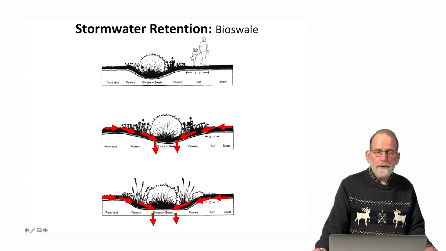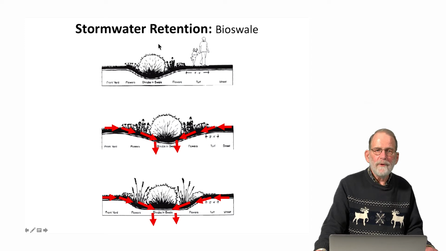But the plant material helps to slow down the velocity of water, and it helps to evapotranspire moisture from the ground back into the atmosphere. So this evapotranspiration promotes a reduction in the amount of runoff volume that has to be dealt with. The gradual infiltration of this water reduces the volume of runoff that has to be dealt with.